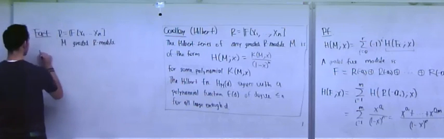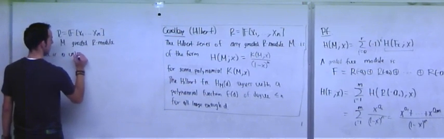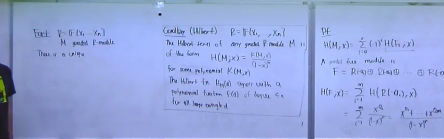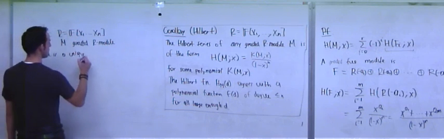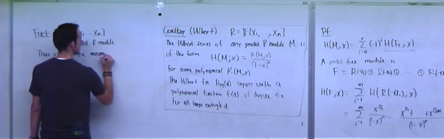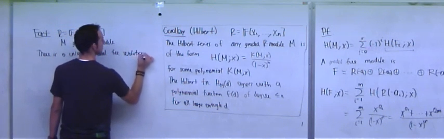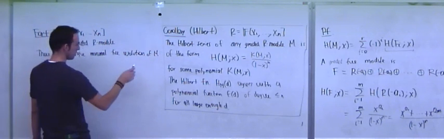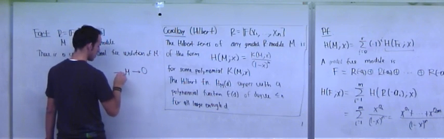Then there is a unique thing called the minimal free resolution, and I mentioned this to you already, but not in full generality. There's a unique minimal free resolution of M. It looks like this.